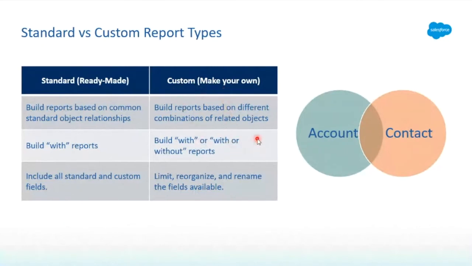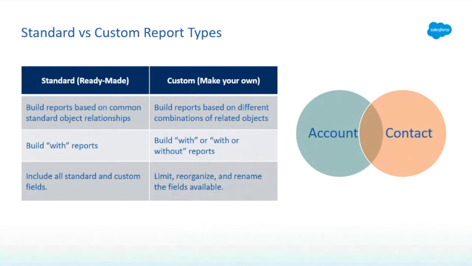And in the custom report type, you can also reference the parent related fields in your report. You can limit some fields if you don't want them to be visible, to just clutter the space in the report. You can remove those fields and rename them or organize them differently in a different section in the report. All that you can do in the custom report type.